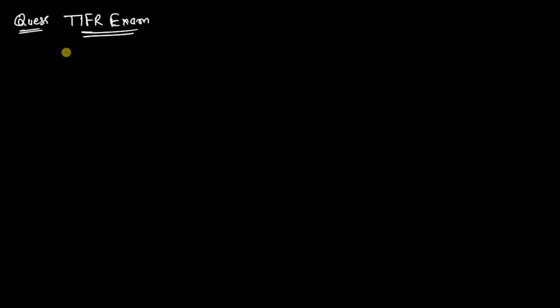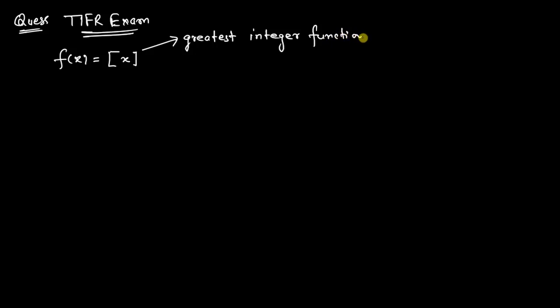The question is: your function f(x) is very simple. It is the greatest integer function. E of this box represents the greatest integer function. Those who don't know what the greatest integer function is, I will explain by some examples.